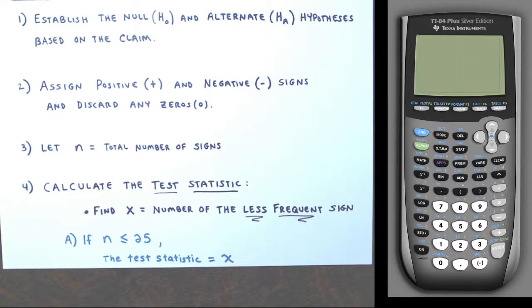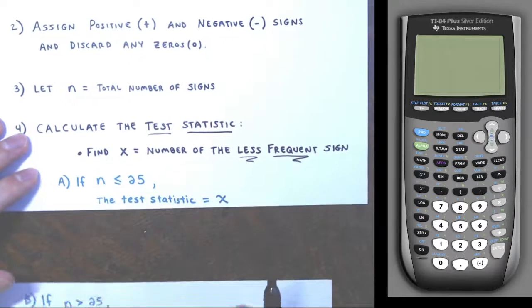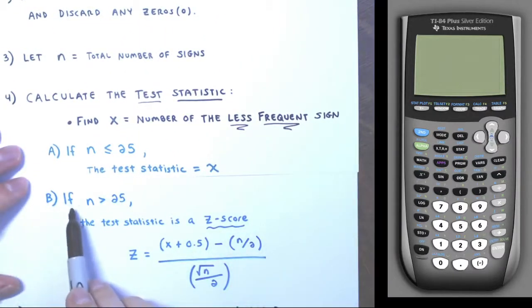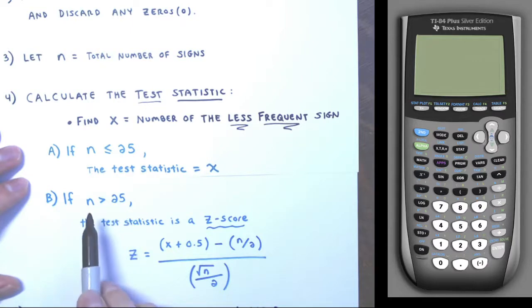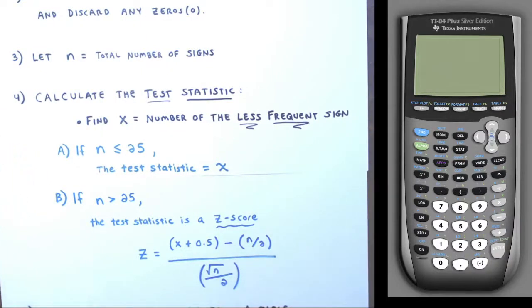If the size of n is larger than 25, it's a little different. If you want to read more up on the Sign test, you might see that this Sign test has a relationship to the binomial distribution.